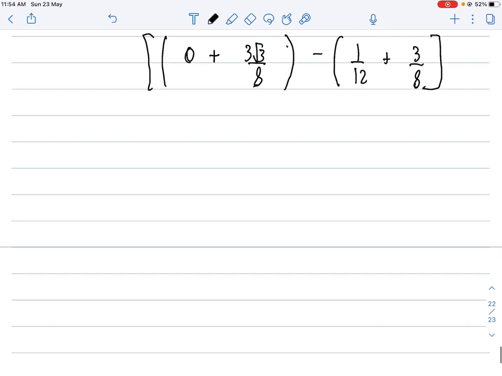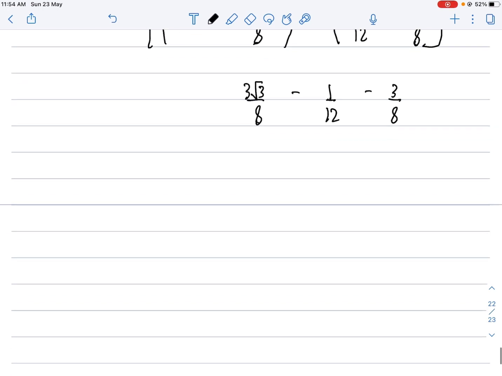So now I can write this as 3 root 3 over 8 minus 1 over 12 minus 3 over 8. I can simply solve this on the calculator. When I do this on the calculator, I basically get my answer as (9 root 3 minus 11) over 24, which is the exact value.